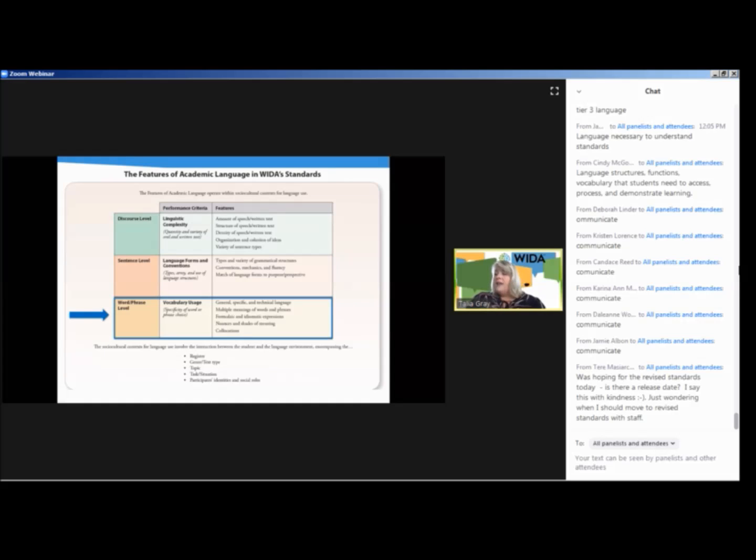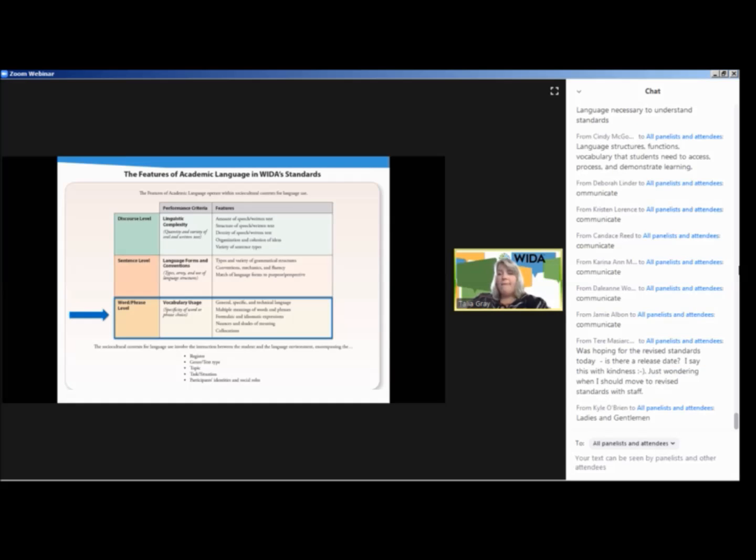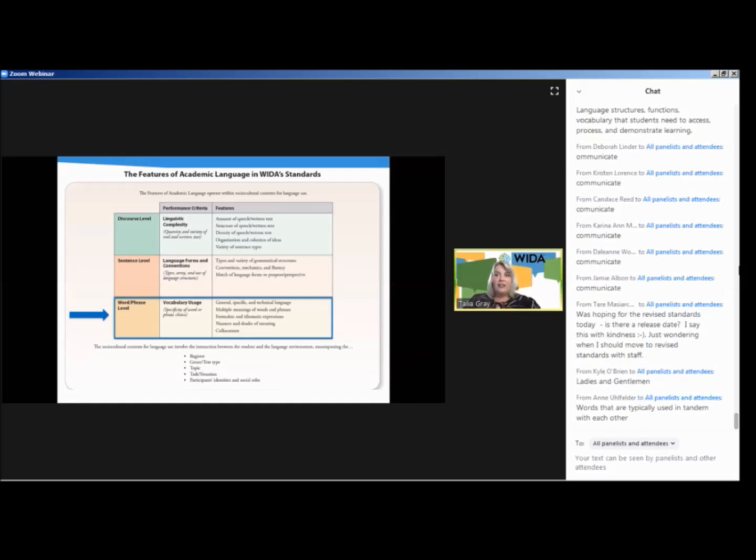Now, does anyone know what collocations are? If you know, toss one in the chat box here. Ladies and gentlemen, that's a good one. That's exactly right. We don't say gentlemen and ladies. We say ladies and gentlemen. Also, peanut butter and jelly.